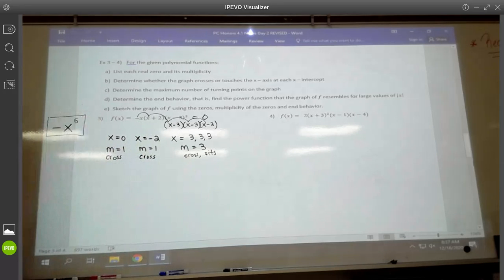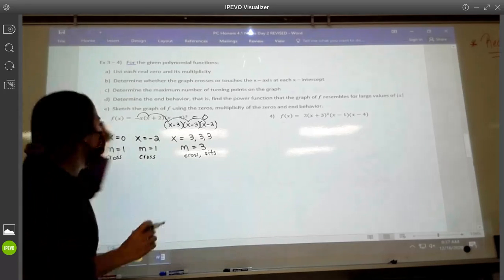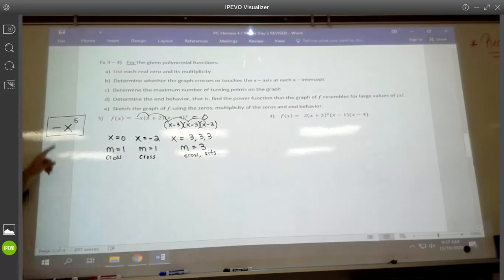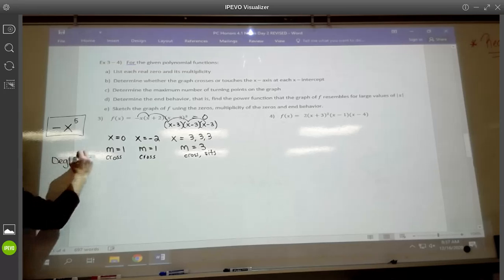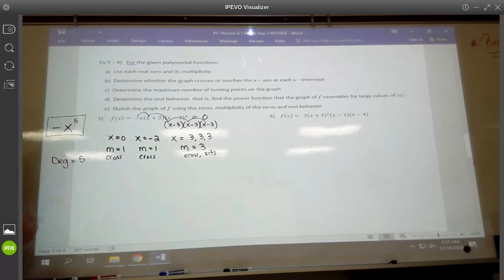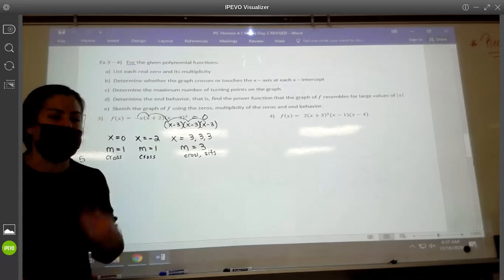That, no matter what, will be your leading power function. If you were to have multiplied this polynomial out, that would have been the first term, which means it's a degree 5 polynomial, which is odd, and the leading coefficient, the LC, is negative. That's all we need to know. We can literally create the whole graph knowing this information now.